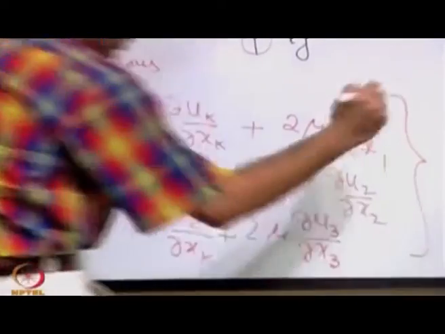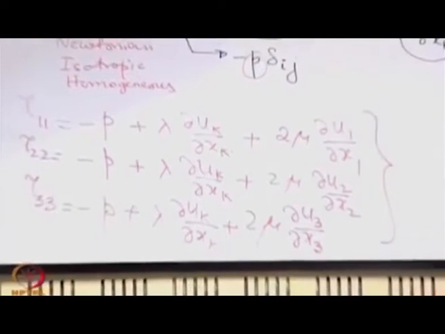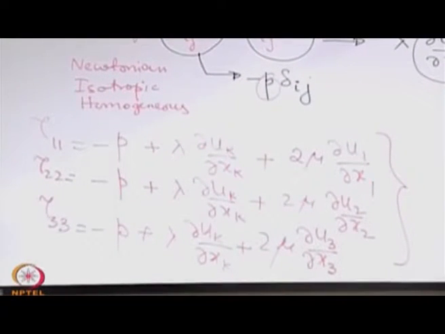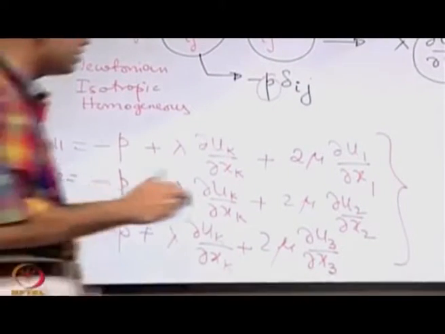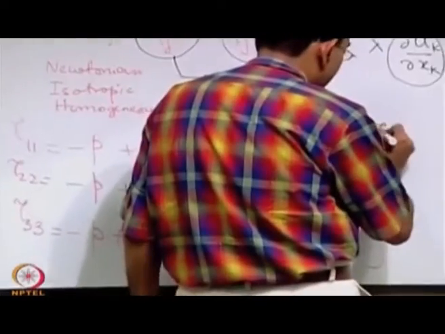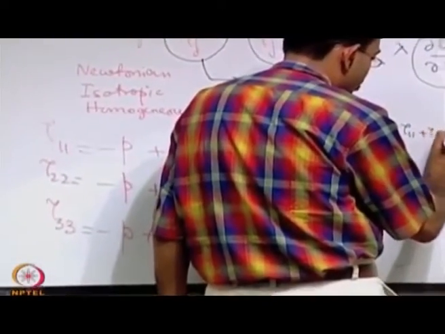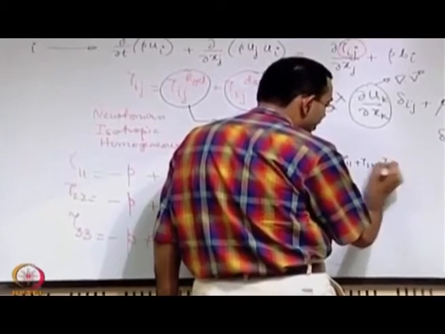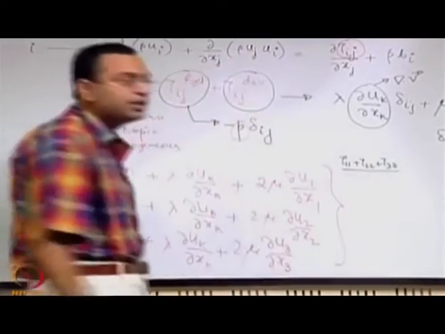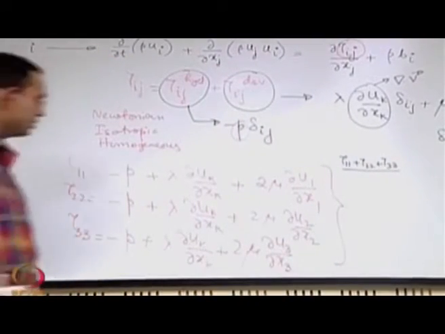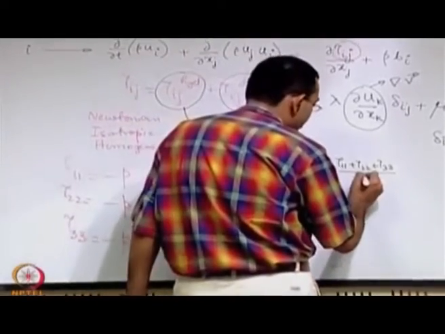So, if you now add all these 3 expressions together, what you get is tau 11 plus tau 22 plus tau 33. Let us say we are interested to find out the arithmetic average or arithmetic mean of that. So, we divide it by 3.